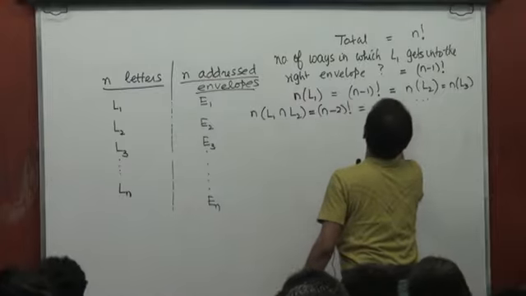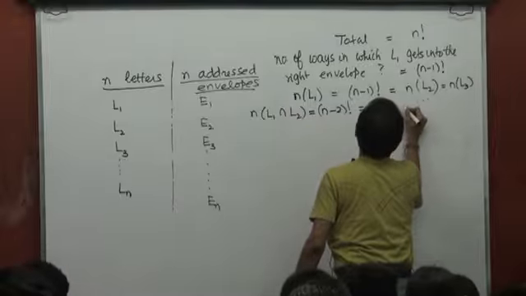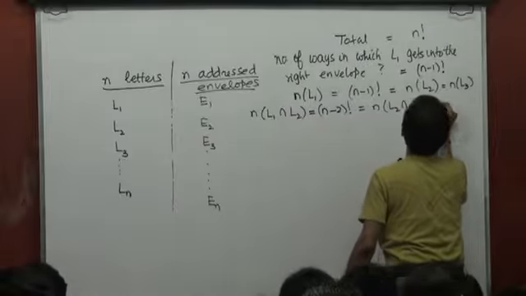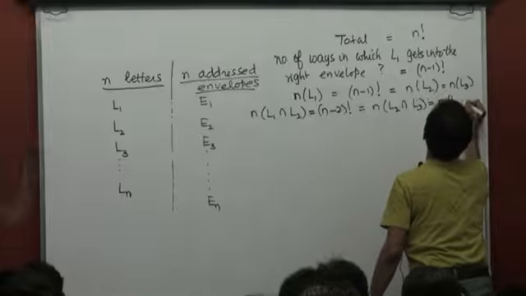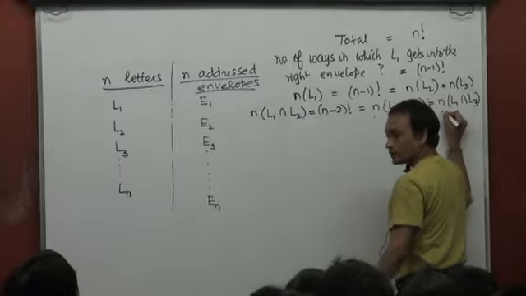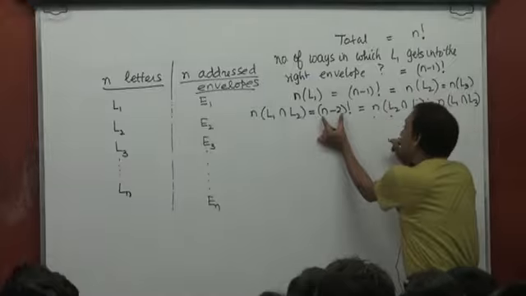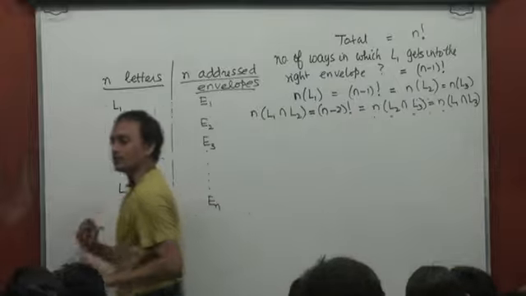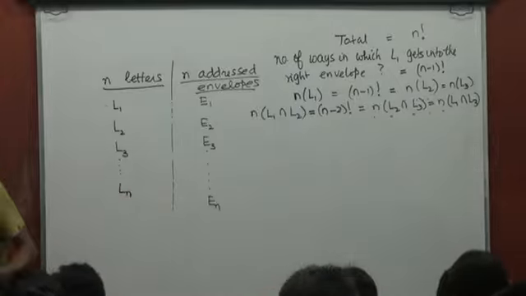And this is the same as, let's say, the number of ways in which L2 and L3 can get into the right envelope, or L1 and L3, etc. This is the number of ways in which any two letters get into the right envelope. Others may or may not get into the right envelope, right?